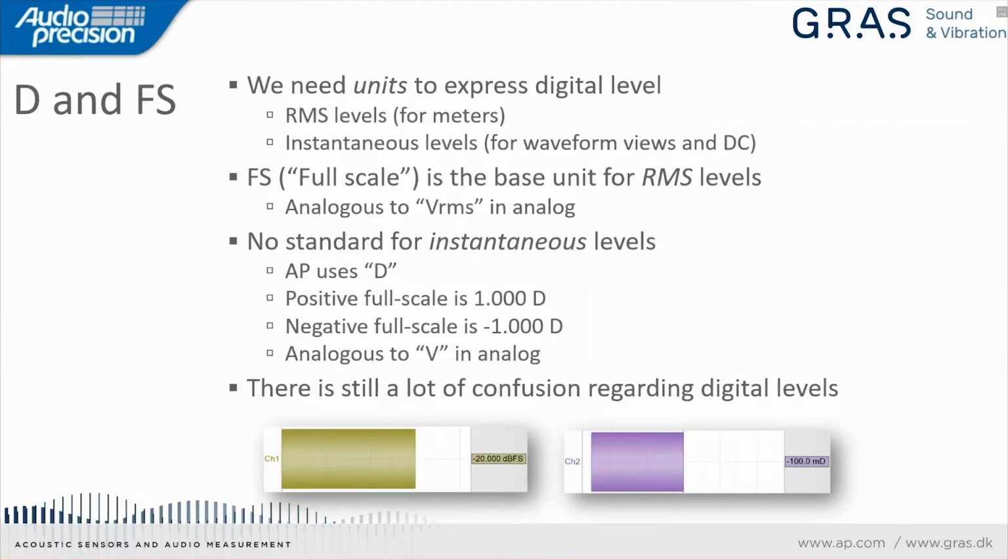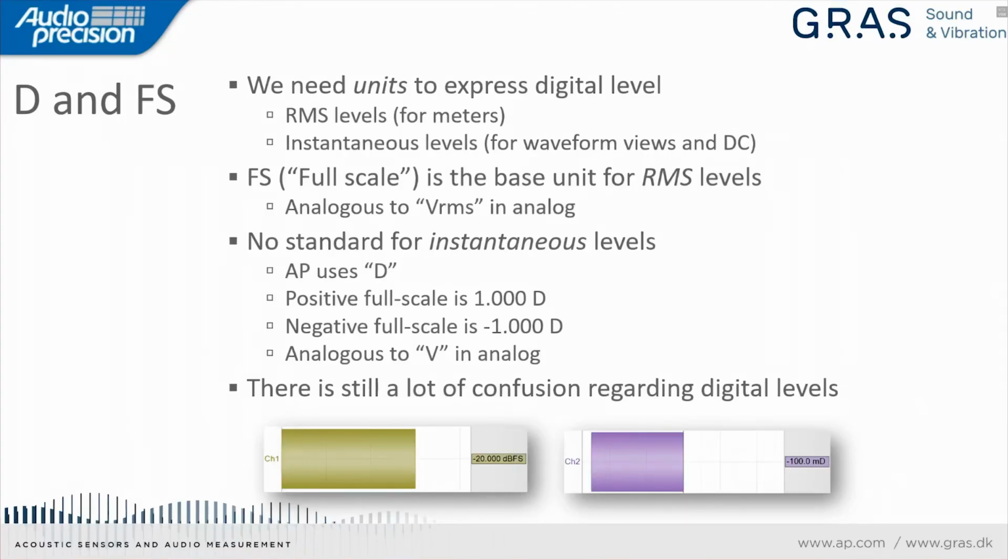We're probably all pretty familiar with the notion of FS, or full scale. Audio Precision has an additional unit we use, which we refer to just as D. Maybe it means digital.